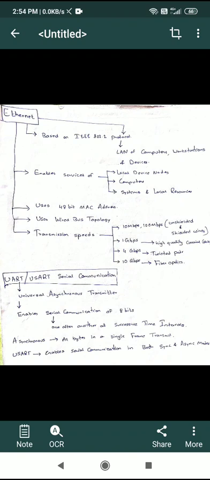Coming to transmission speeds, for unshielded and shielded wires the minimum speed is 10 Mbps and the maximum 100 Mbps. High quality coaxial cables show a maximum speed of 1 Gbps. This is what we see when we use a high quality CAT 5 or CAT 6 cable: if we connect to a system, it shows 1 Gbps, the maximum transfer rate obtained through that cable.